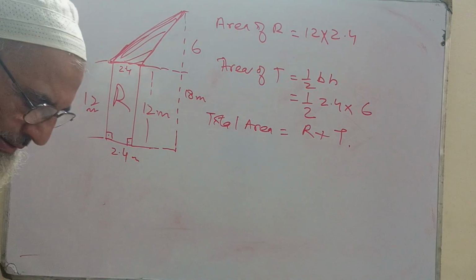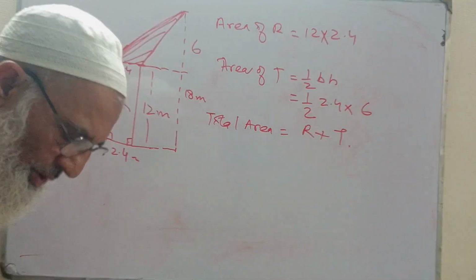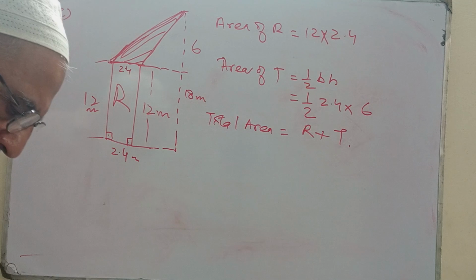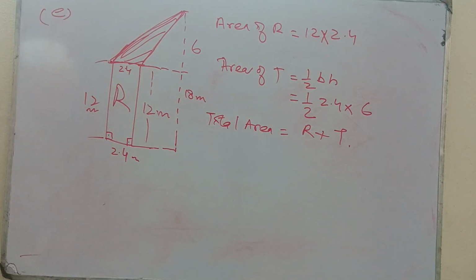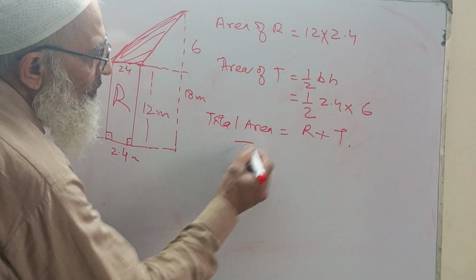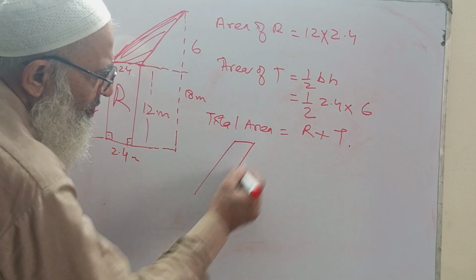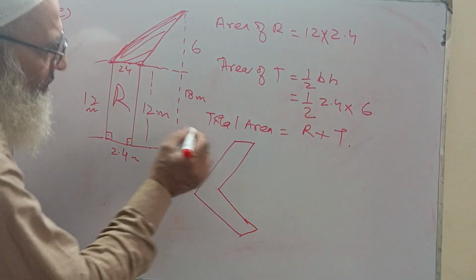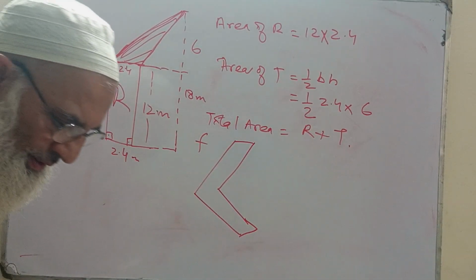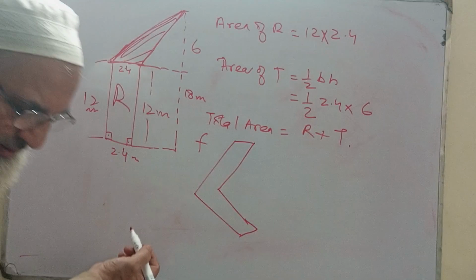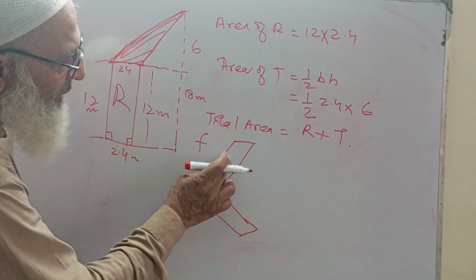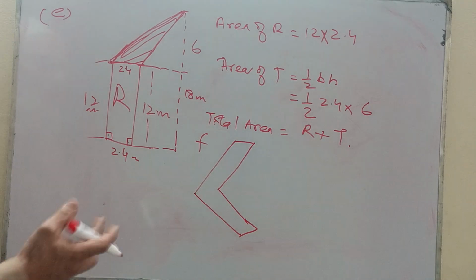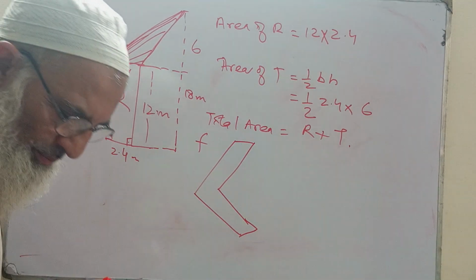Now next. There are two parallelograms, and the last has one more. This is question number F. In F, you see that this is a parallelogram, this is a parallelogram. You'll find the areas of the two parallelograms and then add them.